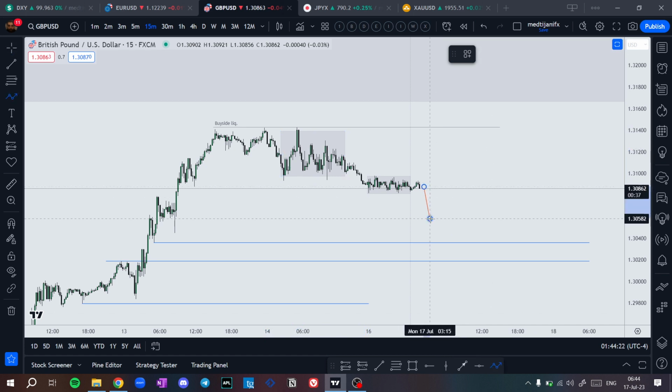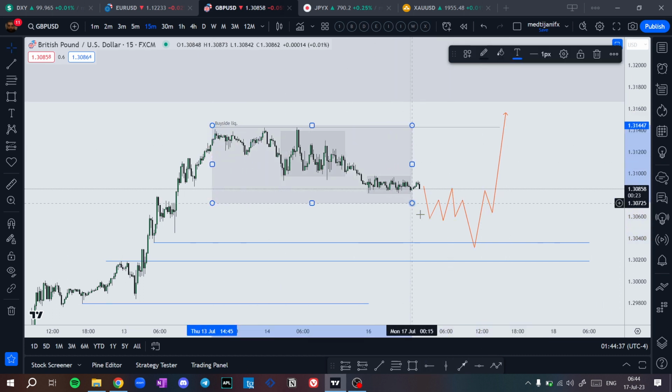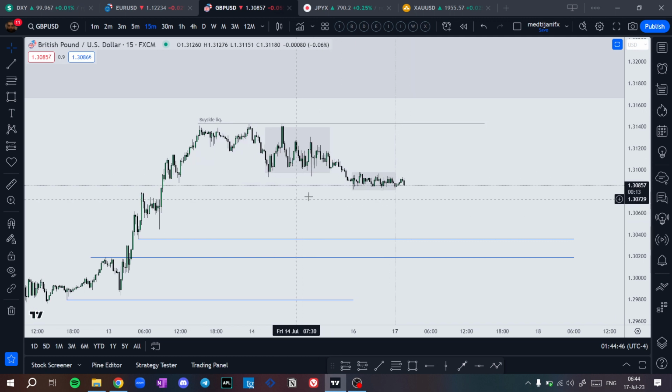Maybe price could just make another consolidation, right? Then maybe a smart money reversal to check all of that consolidation that we have here. On a bigger picture, we have an accumulation, manipulation, distribution higher. Yes, so this is it for what I'm expecting.